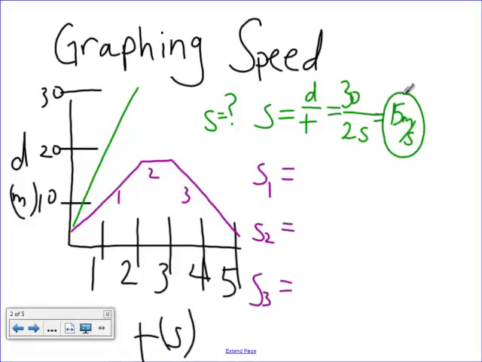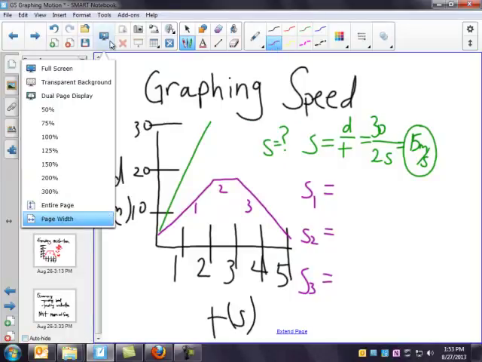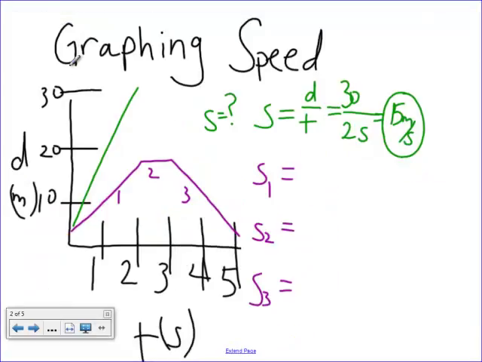Now, let's change to the purple pen and see what's going on with our purple runner. What is their speed? And we've got 3 different things happening during the course of the race for the purple runner. So at the 3 different points on the line, we'll calculate the 3 different speeds. So the speed at point 1, what is it? Well, we're going to plug in our distance and our time.